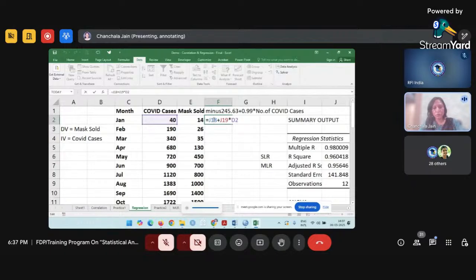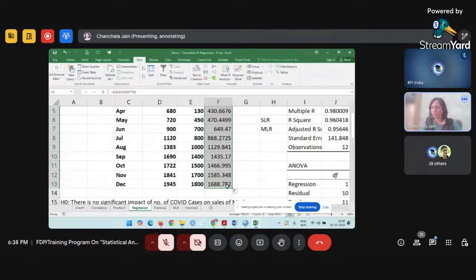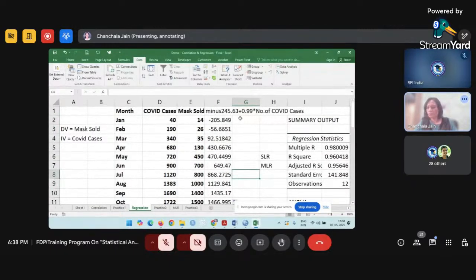Using F4, you can do so. Done? So this is the prediction done by your model.